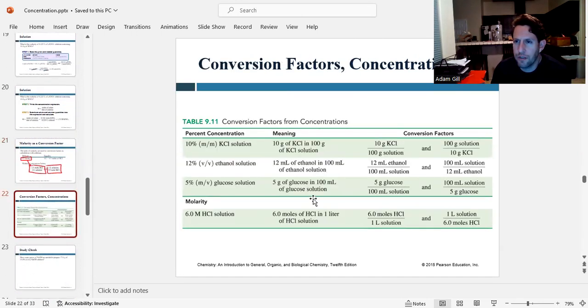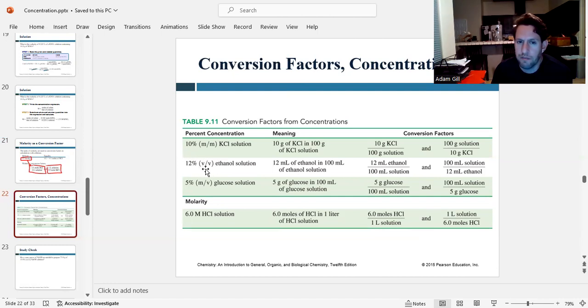So this chart is just giving some examples of how to turn concentrations into conversion factors. So if you see a percentage with M over M, that means grams. So 10% M over M is 10 grams per 100 grams of solution. If you see a percentage V over V, the V's mean milliliters because they're volumes.